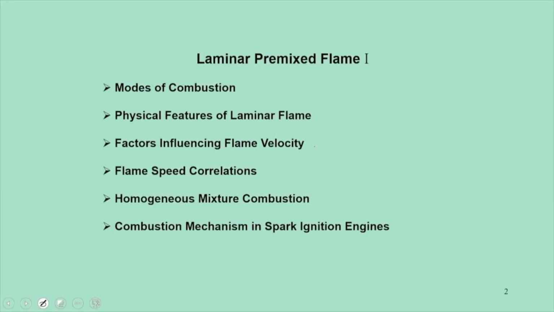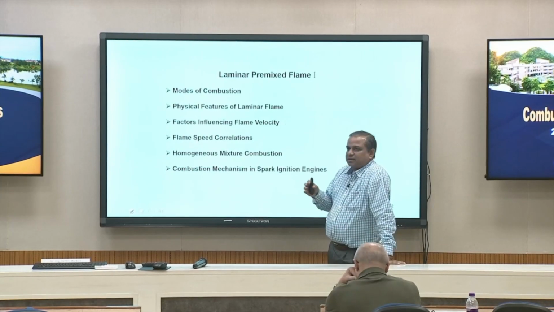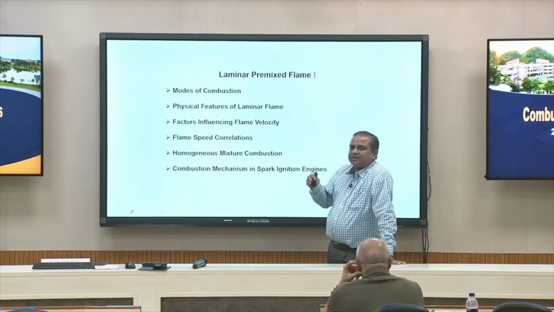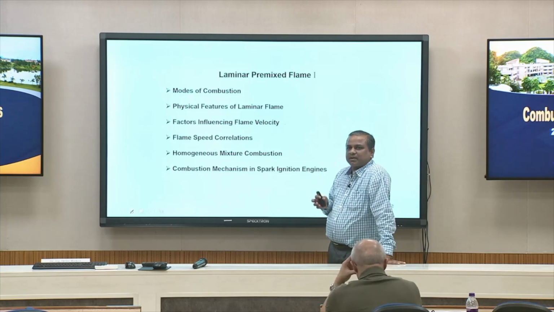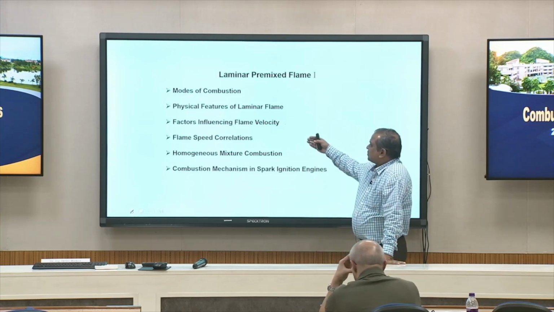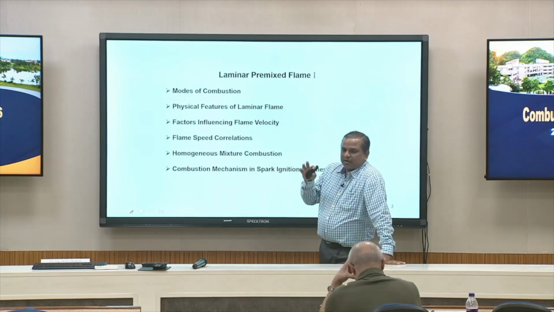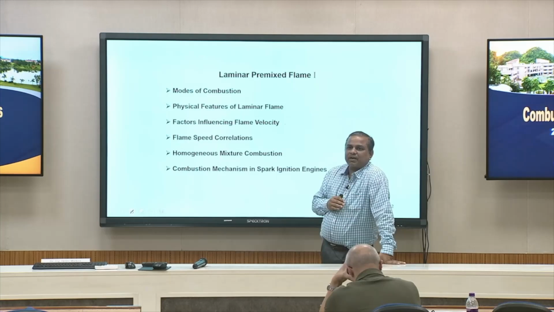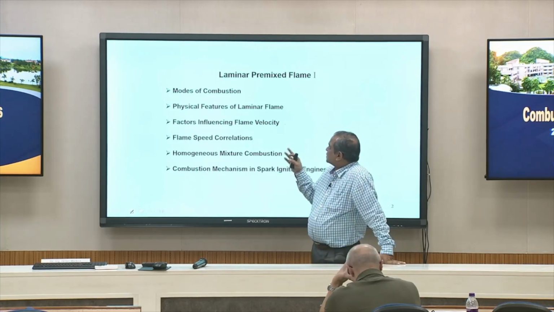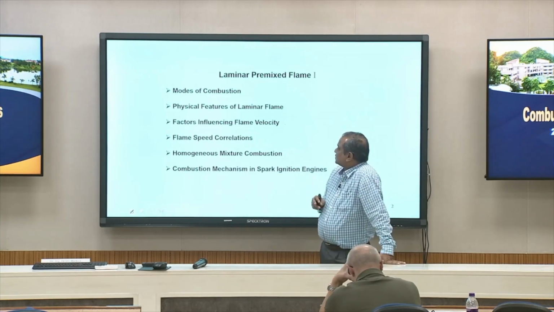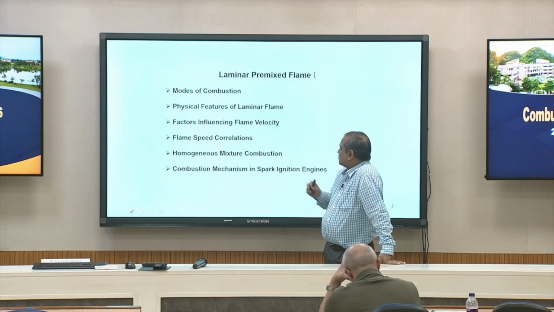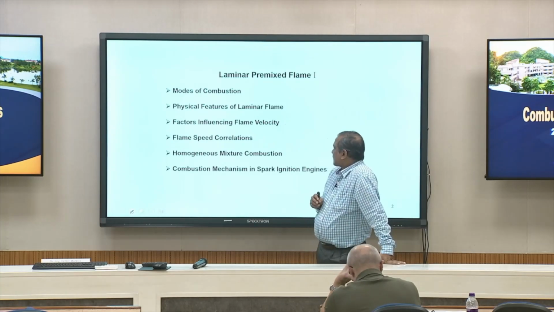Over a period of time, people have done a lot of experiments, and a variety of parameters have been studied and simplified by certain correlations, which we call laminar flame speed correlations, which more or less are agreeable to all kinds of combustion involving premixed charge.